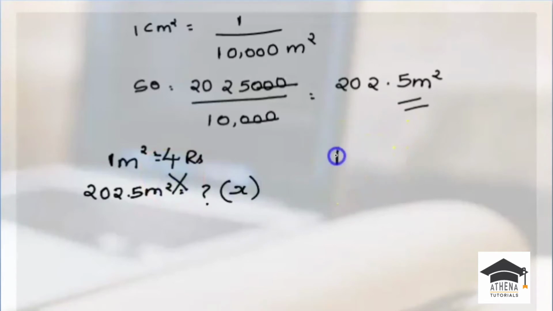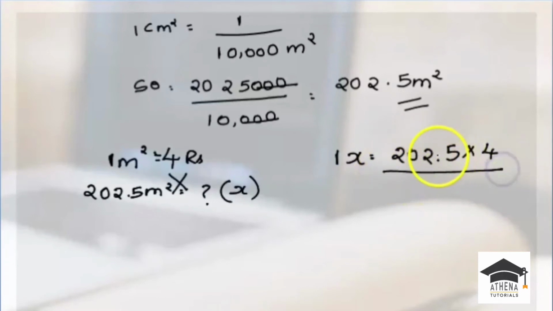So that will be 1x is equal to 202.5 into 4. 4 5s are 20. 4 2s are 8. 8 plus 2 is 10. This is 1. And 4 2s are 8. Since there is a point after a digit, we need to place a point after one digit. So the total cost for polishing the entire floor is rupees 810.